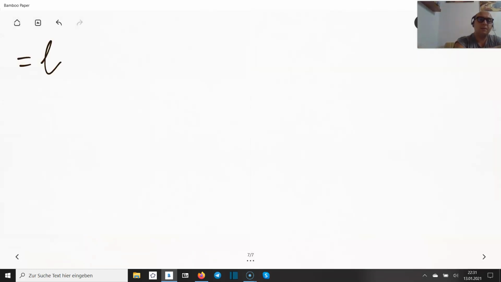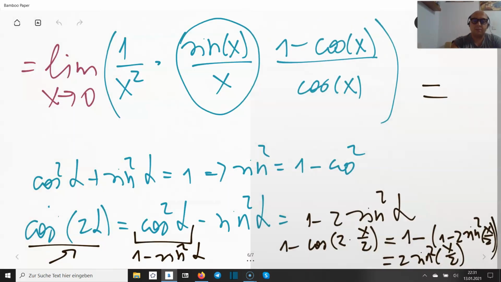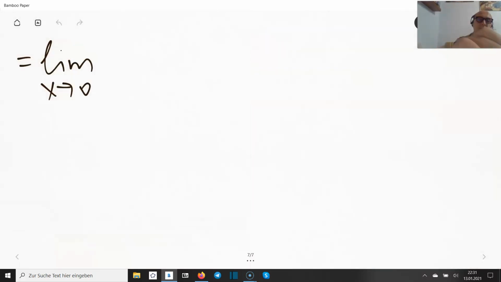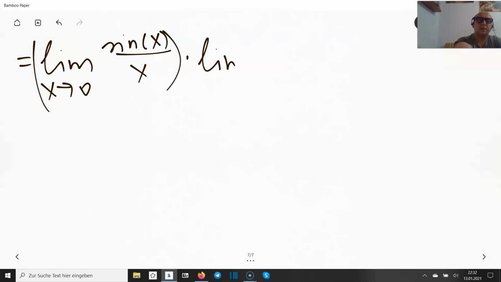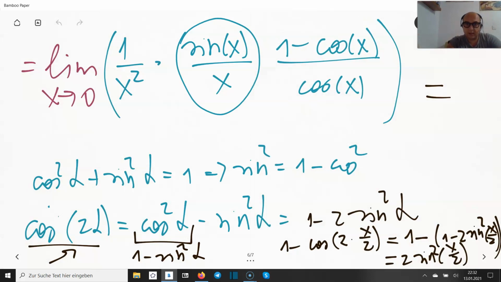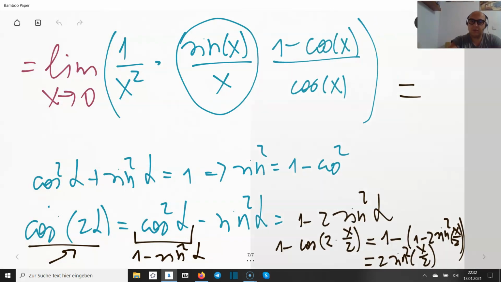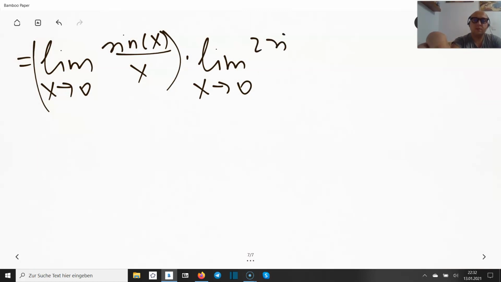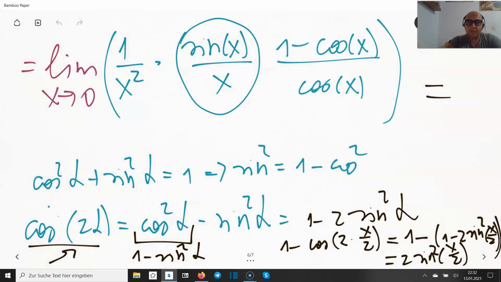We have limit x towards 0. So let's maybe put sine of x divided by x just separately here. And then we multiply it times the limit x towards 0. So what do we have? Instead of 1 minus cosine of x, we're using now this formula. This is 2 sine squared of x divided by 2. This is what we have here.